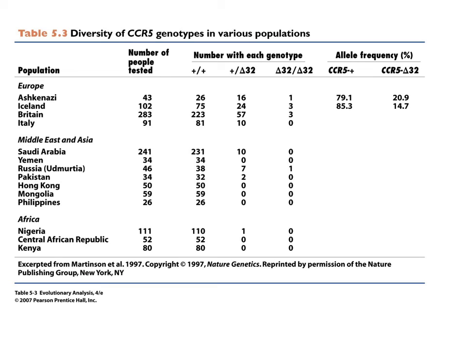The other statistic or measure that you can calculate is the number of heterozygous individuals in that population. If you look at the Ashkenazi Jewish population, you see that 16 individuals of the 43 are heterozygous. If you divide those 16 individuals by the total number of people in that population that were scored, you have 16 divided by 43, which is about 37%.